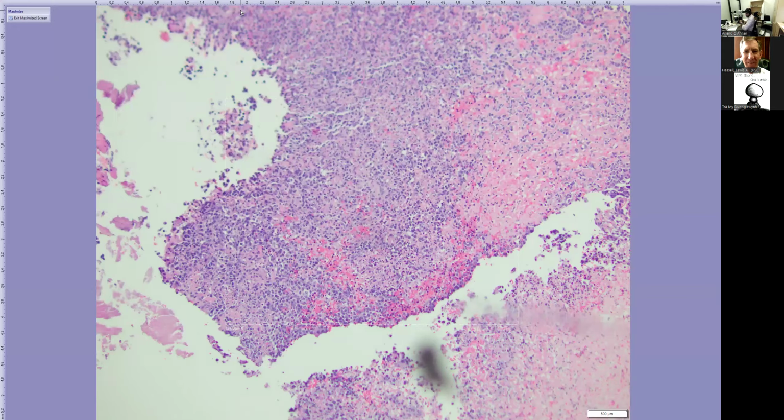So I did the Hans algorithm workup. So I did CD10, BCL6, and MUM1. In these tumor cells, CD10 was negative, but BCL6 was positive and MUM1 was negative. So this was a germinal center origin for large B-cell lymphoma.